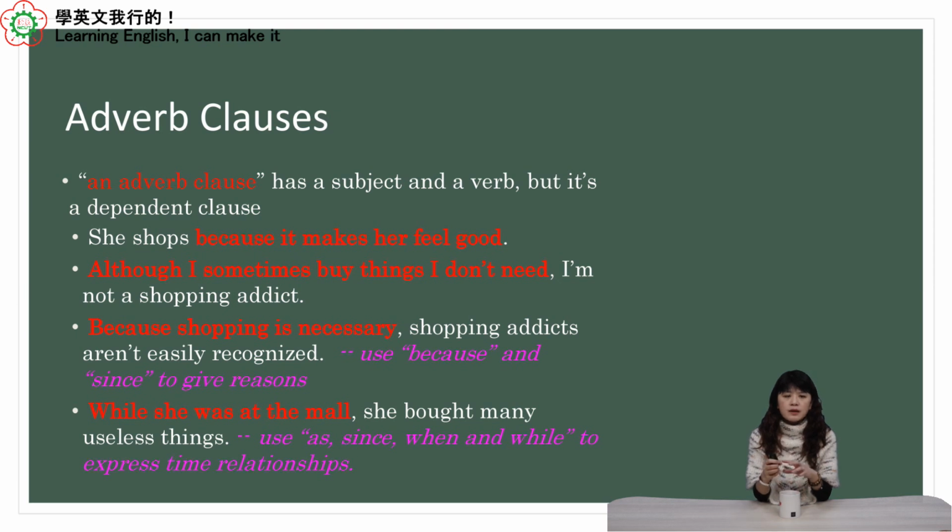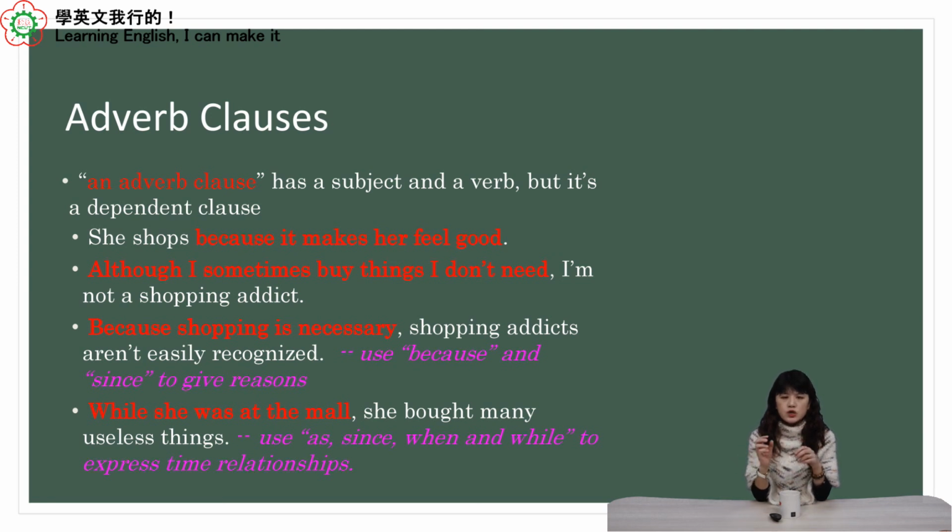Okay, the next sentence I share with you here is: While she was at the mall, she bought many useless things. So "while" means something happened at the same time. In this sentence, two situations are explained together.